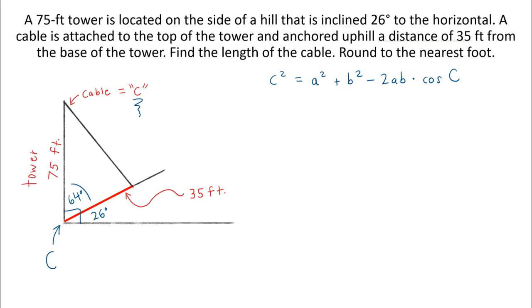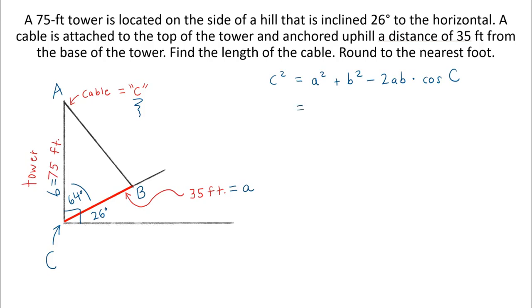And the truth is, it really doesn't matter which angles we label angle A and angle B at this point. All that matters is that we know that side A is opposite angle A. So 35 feet would be side A. And angle B has to be opposite side B. So side B would be equal to 75 feet.